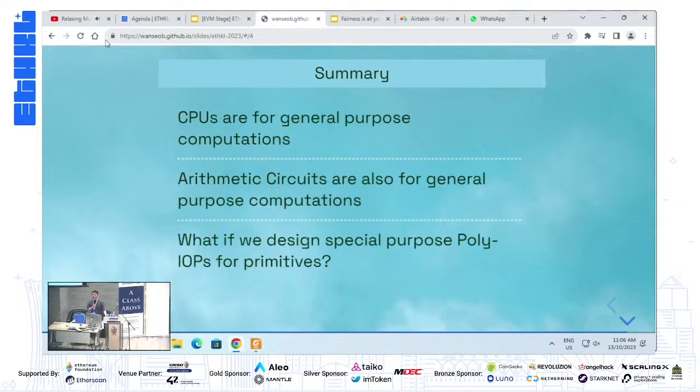So my question is, what other primitive ZK gadgets or primitive polynomial IOPs can we design for the future? These are the open questions that I wanted to share today.